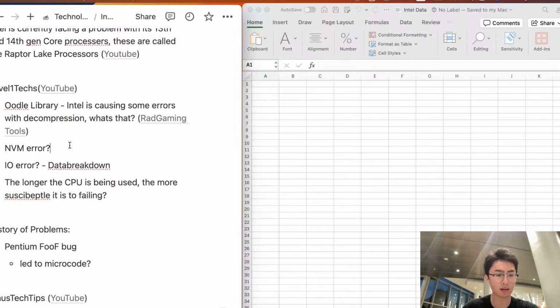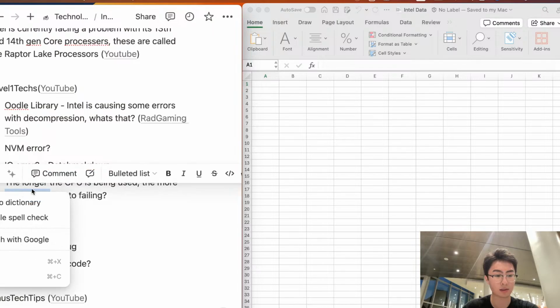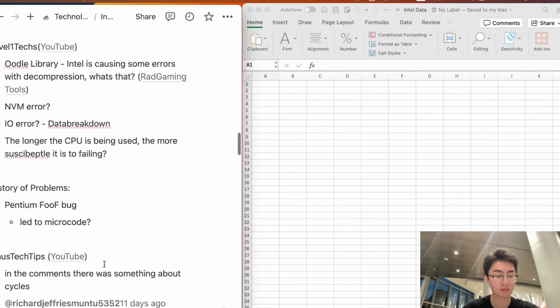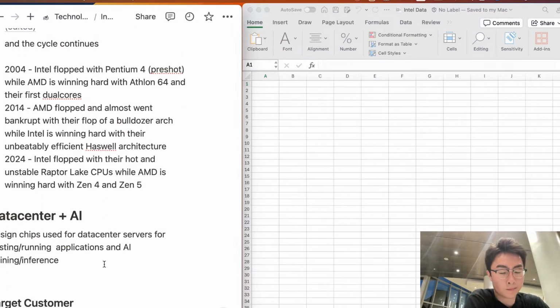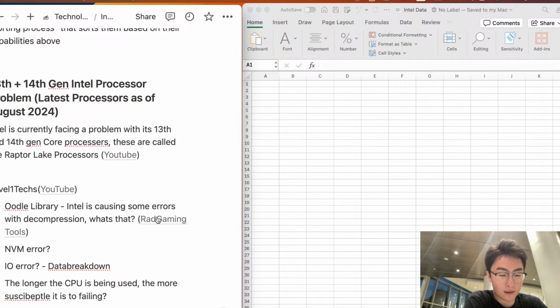NVM error, not entirely sure what this is. IO error, acceptable, it is failing. Okay, rad gaming tools. Yeah, this does get a bit technical.